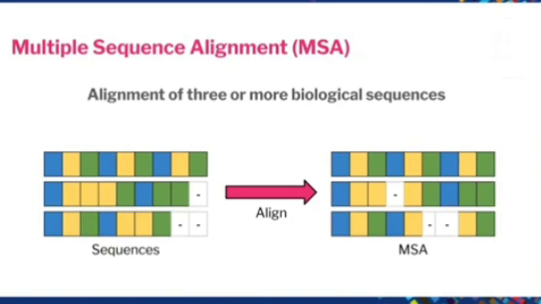Consider these as three sequences. Each box in each of these lines in different colors is a base or nucleotide maybe, and all these sequences are aligned to find the highest similarity between them. Like pairwise sequence alignment, here also we can introduce gaps to get a better alignment between the sequences.